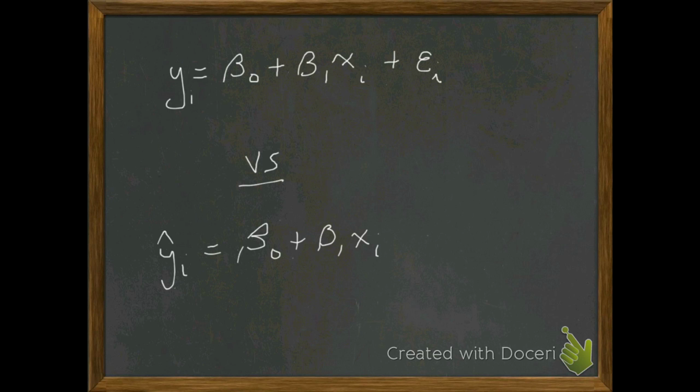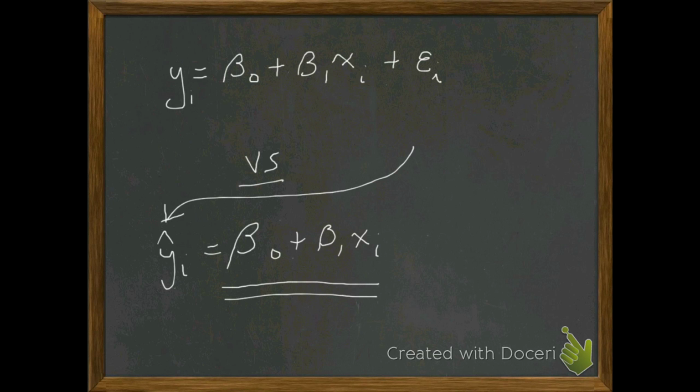We don't need the error term there, because what we're getting here is actually the expected value. We put our x in our model, and we get what I would call the predicted value or the fitted value.